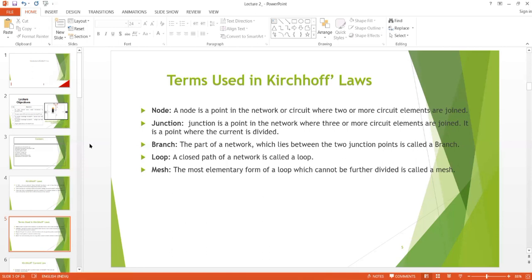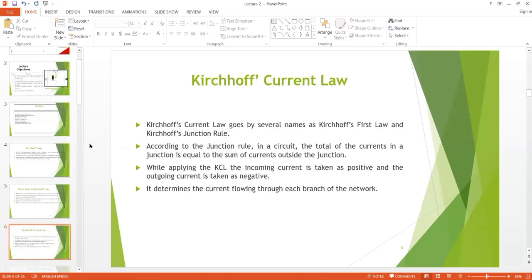So remember one thing, wherever we are having a node, we will have a junction, but wherever we will have a junction, we won't necessarily have a node. Not necessarily, it can be, but not necessarily. And when we talk about elements, it's not about elements, it's about branches, right? And closed loop and mesh, we already discussed for a closed path.